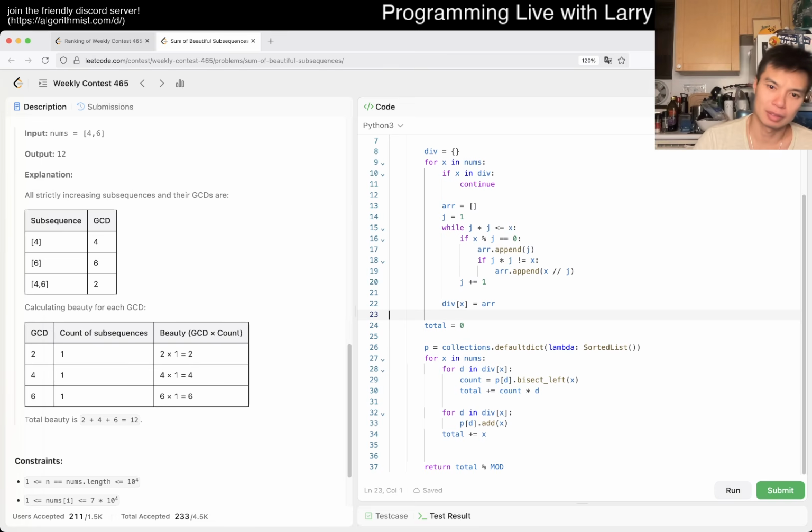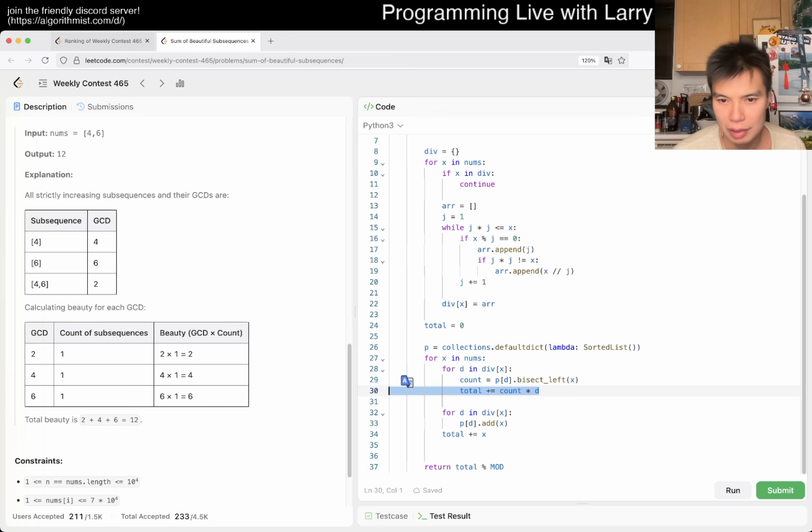Well, the count is also not the GCD. I mean, D is not the GCD. It's just the divisor, which can be in a number of things, which is why I don't know how to do it. Maybe there's a way to keep track of D in a good way or something.